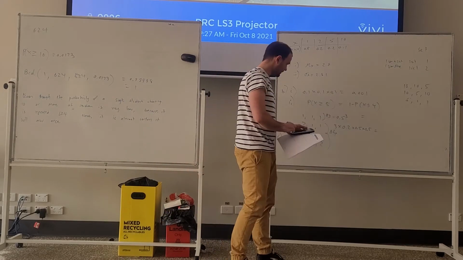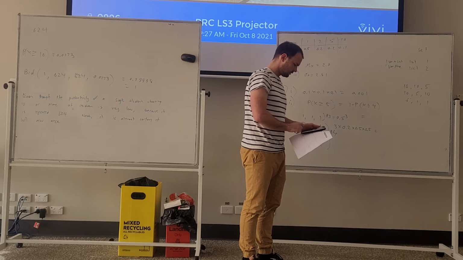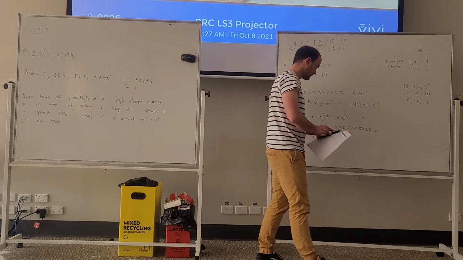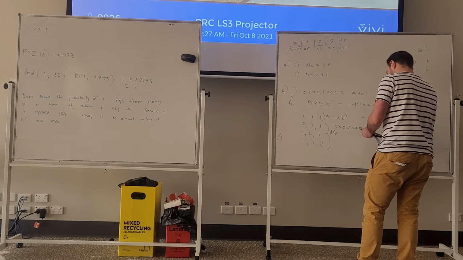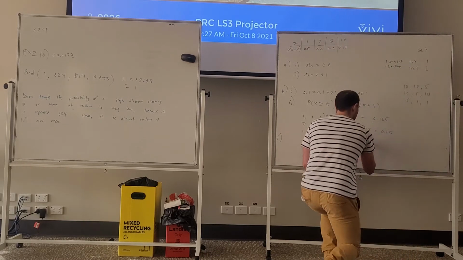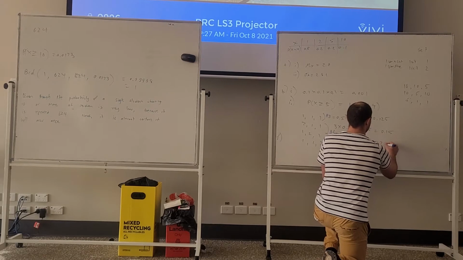That's 0.125, and then 0.3 times 0.2 times 0.5 times 0.5, 0.15. What's that? 0.275.